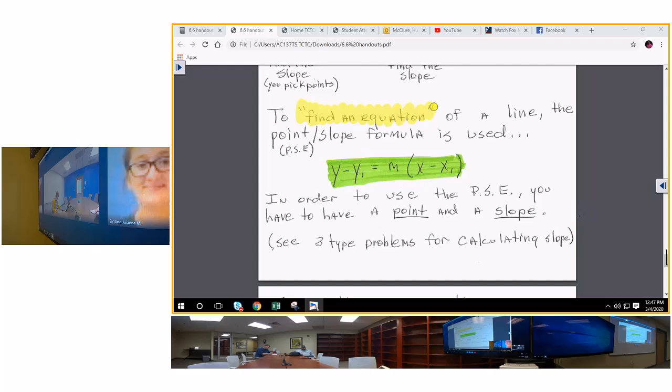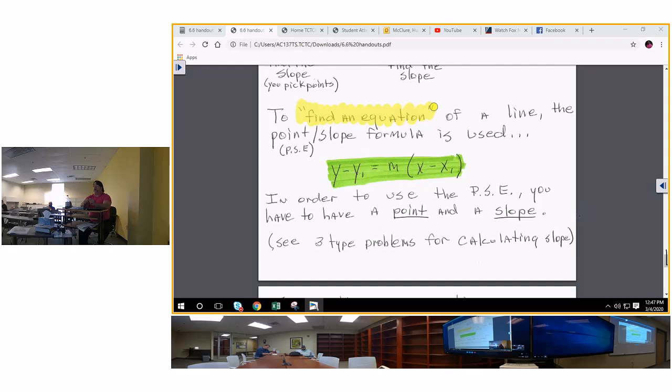In order to use the point-slope equation, you have to have a point and a what? Slope. Okay, I'm not trying to be a smart aleck there, but you have to have a point and a slope. So if they give you 2 points, you've got to calculate the slope, and then you pick one of the points. If they give you a point and slope, you don't have to do anything. You just plug and what? Plug and chug.